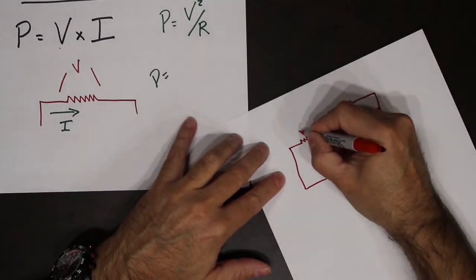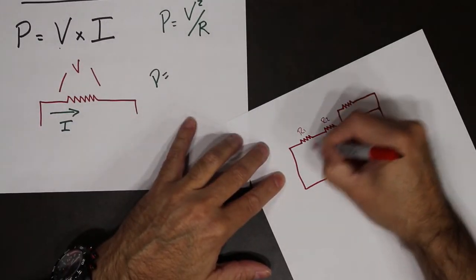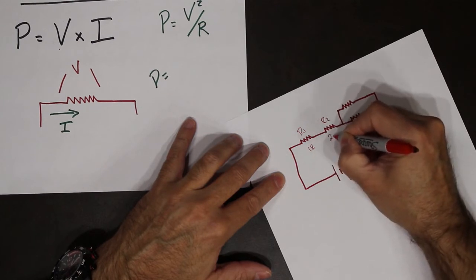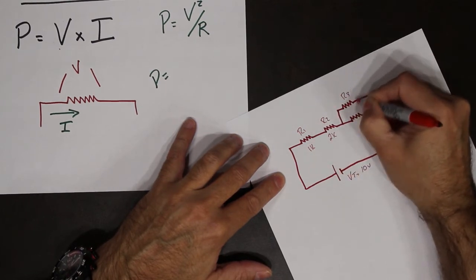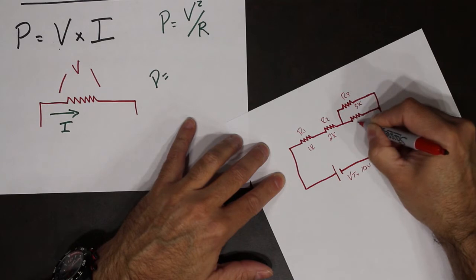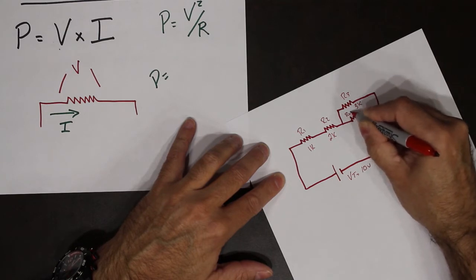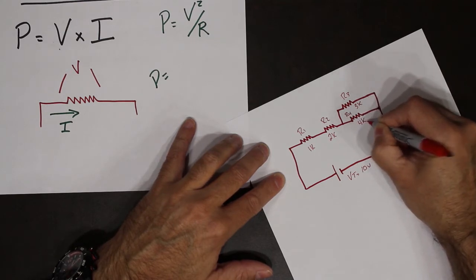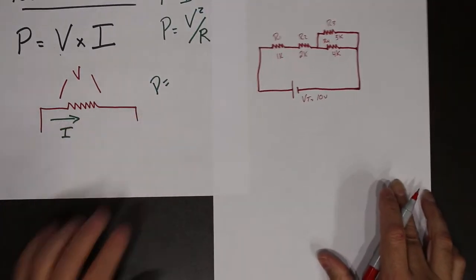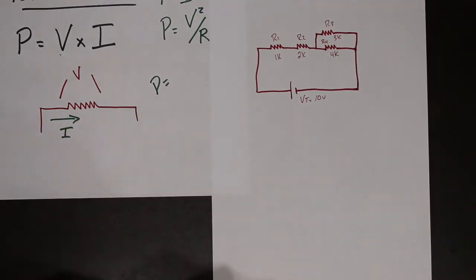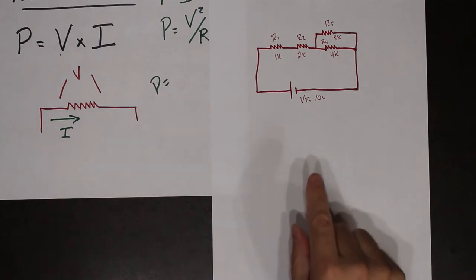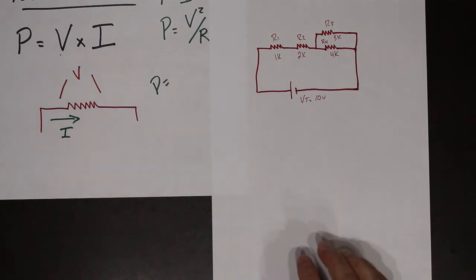We have R1, R2, so this is 1K, 2K. This will be R3 at 3K. This will be R4 at 4K. So we're going to go through the procedure, and we're going to solve for this circuit. Remember, solving for the circuit means calculating all the values.